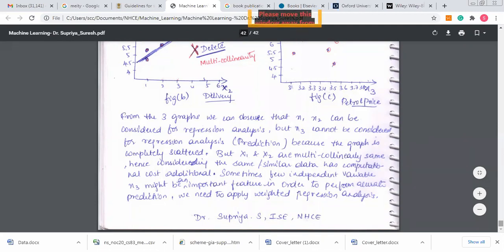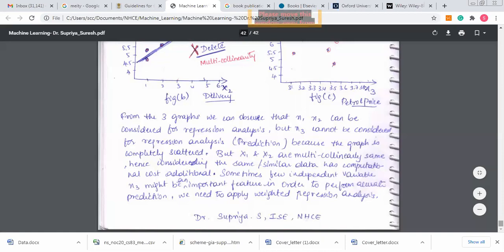Sometimes a few independent variables like x3 might be an important feature in order to perform accurate predictions. So these are just cases of understanding how it could happen or how we have to really be worried about things. As I told, if I remove data like figure C, which is completely scattered, and consider it individually, maybe it is trying to imply something.